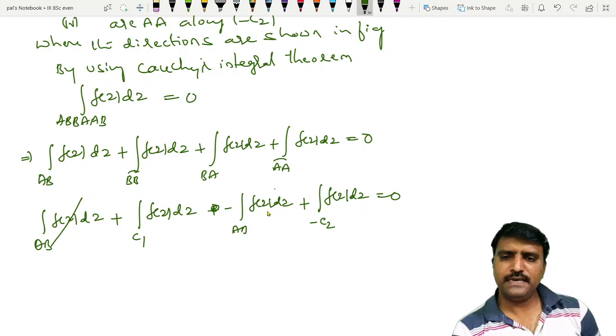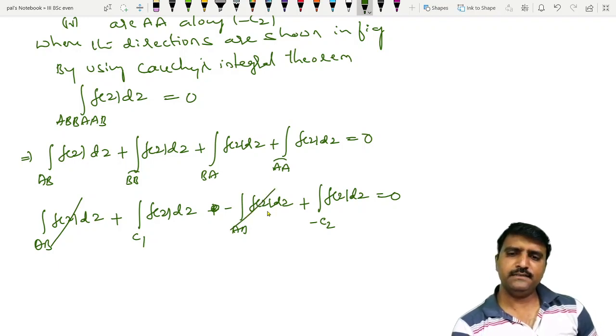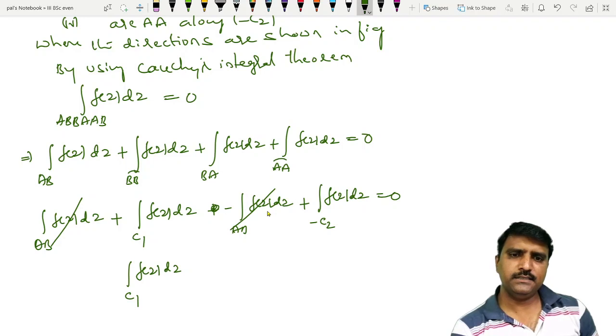So these two terms cancel, because one is along AB with a positive sign and the other is negative. So integration of f of z dz over C1, minus integration of f of z dz over C2, is equal to 0. To change the direction we have to put a negative sign.